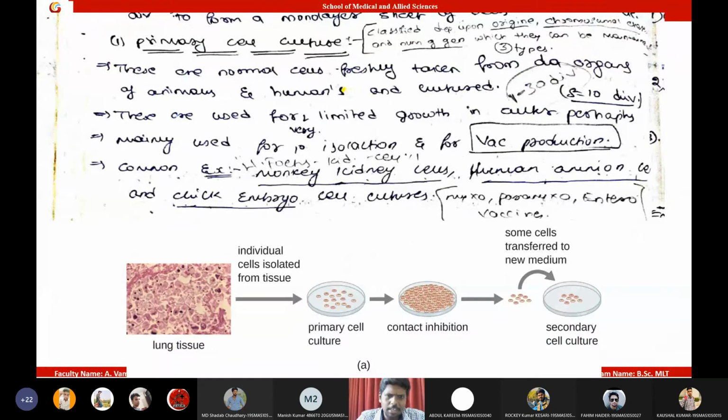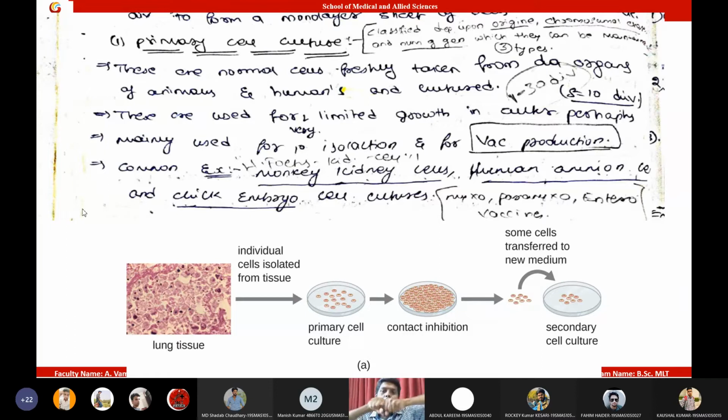Just a second. Meanwhile, how will we obtain cells? To take these cells, we will subject the tissue to various steps. First we will subject the tissue to remove its collagen fibers. Those collagen fibers will be removed by adding trypsin or some enzymes. Then after removing the collagen fibers, the cells have a tendency to stick to each other.